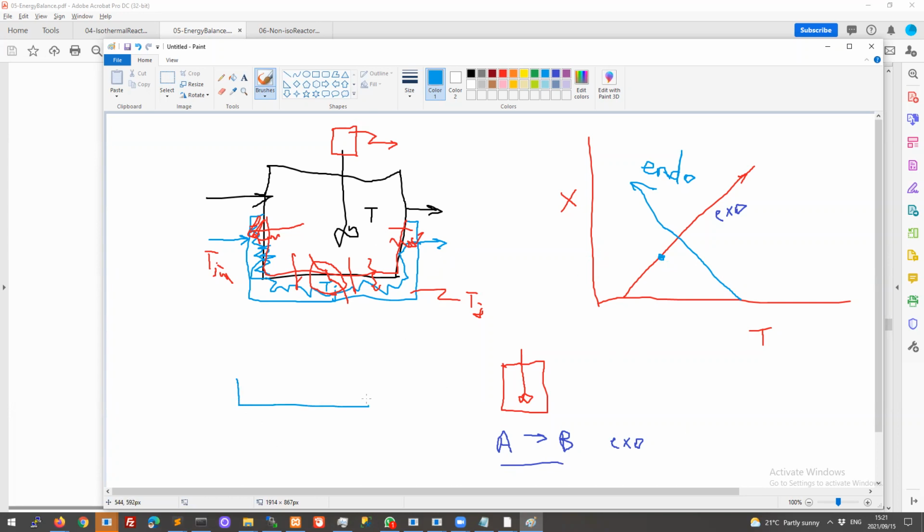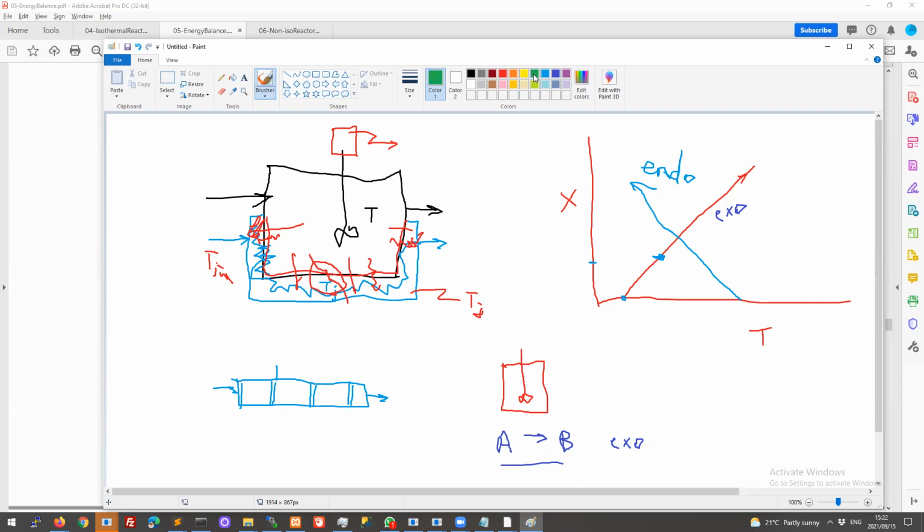Alternatively, if this was a PFR, then the same would be true, but you would find different points along that reactor. Near the inlet, I'm down here where conversion is very low. Then as I look at further points into that reactor, I get a higher conversion, maybe up here, and that will give me a different temperature here.